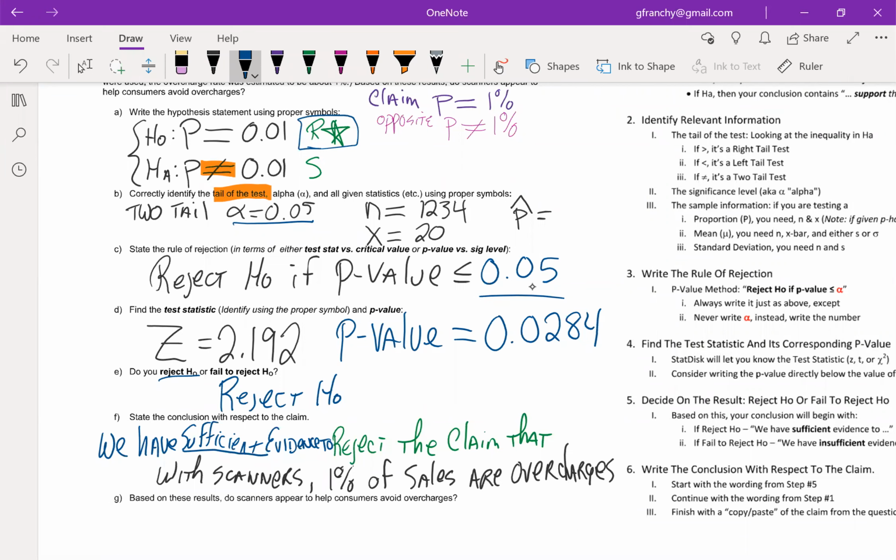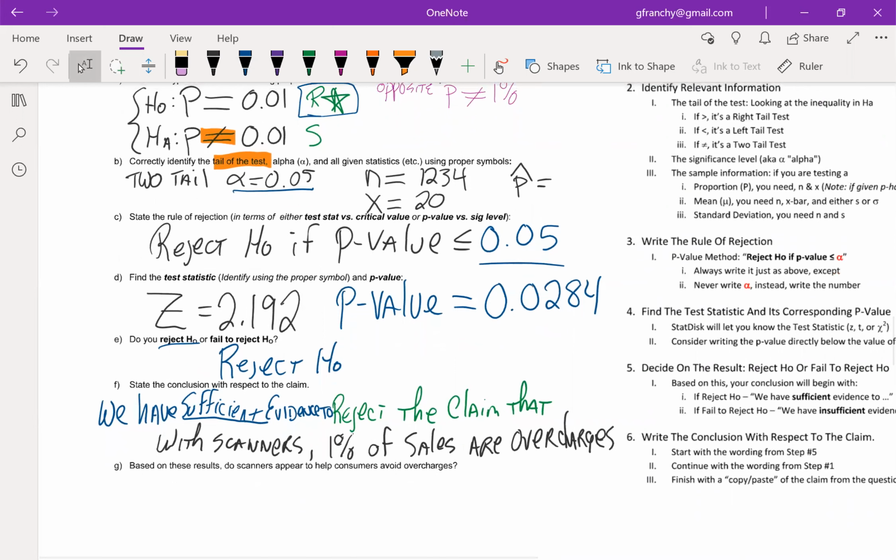So our last question here, sort of our interpretation question, based on these results, do scanners appear to help customers avoid overcharges? Now, we did a two-tail test. One tail would represent a decrease in the percent of overcharges. The other tail represents an increase in the percent of overcharges. Which tail did we end up in?